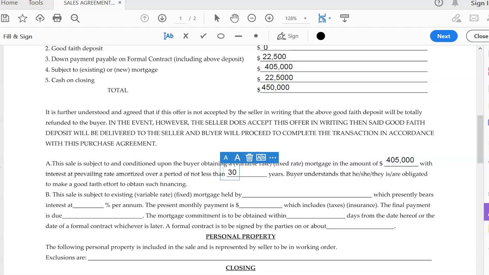Now there's a section B. This sale is subject to existing variable fixed mortgage held by, which bears an interest such interest rate per annum. The present monthly payment is, which excludes taxes and insurance. The final payment is due.